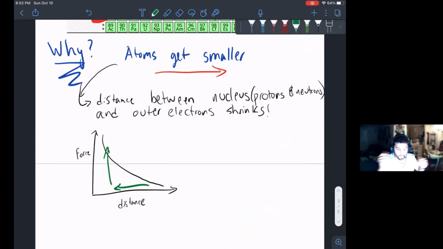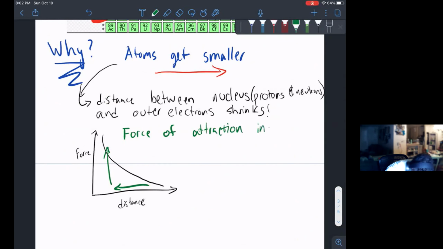And that force of attraction increases. And with that increase, that means it is now harder to pull away electrons. It's harder to remove electrons. That's going to be our ionization energy.